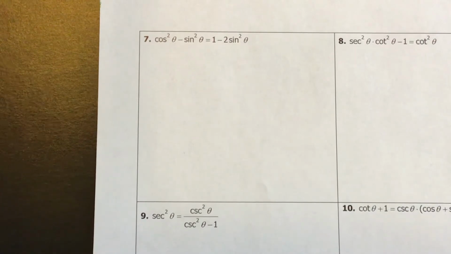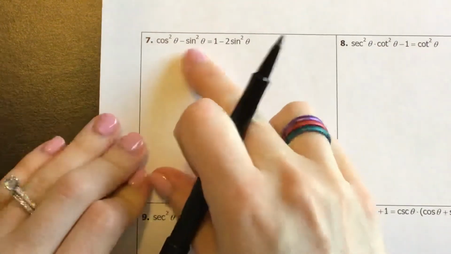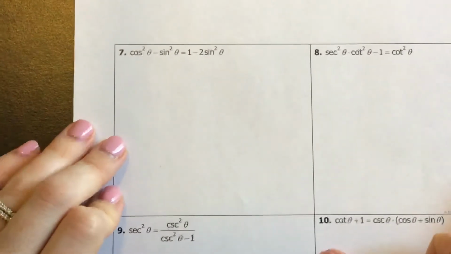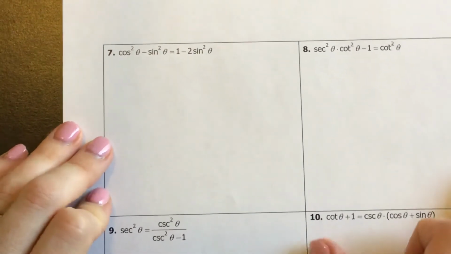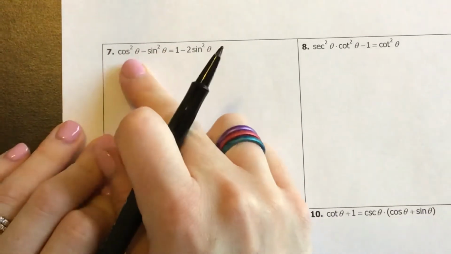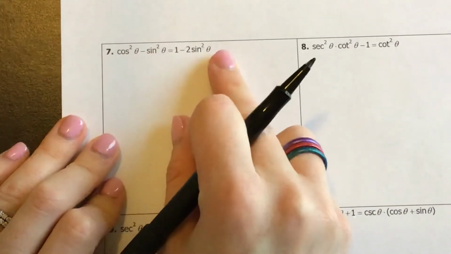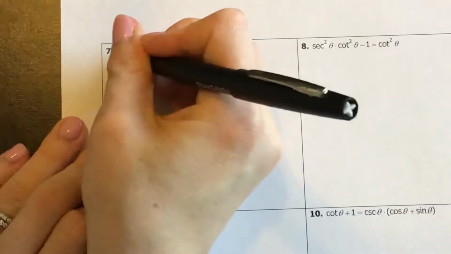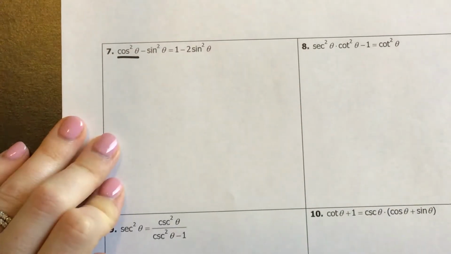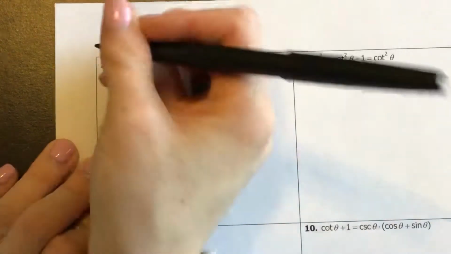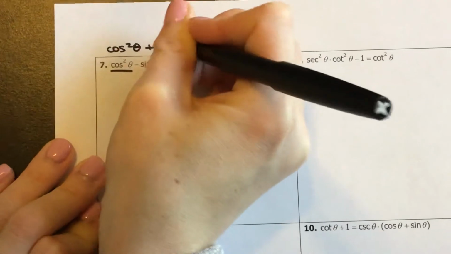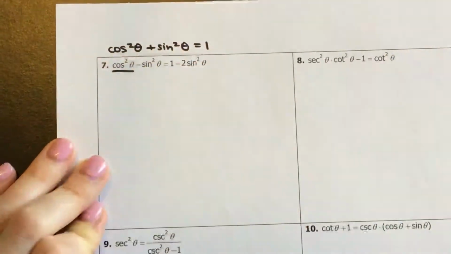All right, so if you're looking at the left-hand side versus the right-hand side, neither one of them is all that complicated, or you can consider them to both be averagely complicated, I guess. I'm going to start with the left-hand side, because the right-hand side only has one trig function. The left-hand side has 2 different trig functions. So we're going to take this cosine squared, and this should look familiar from part 1 of your notes. Remember, if you have this guy, this is our main Pythagorean identity, which we'll be working with more and more.